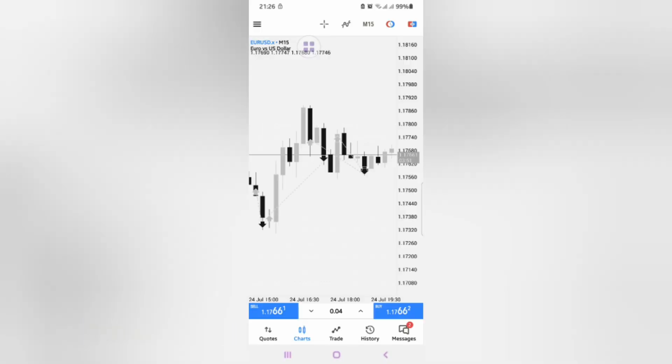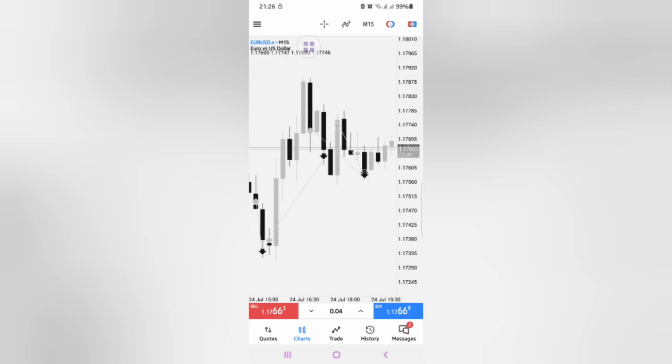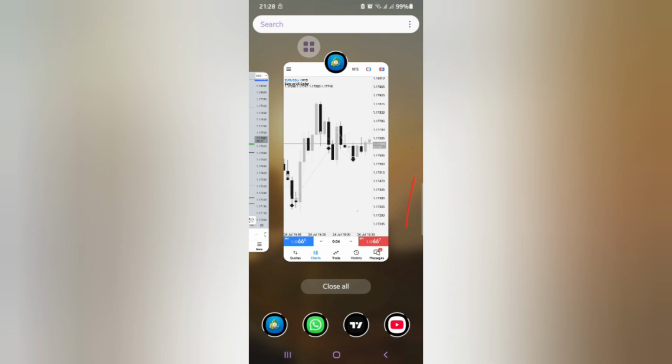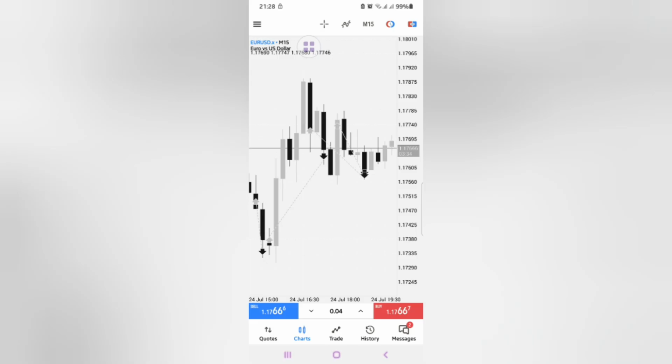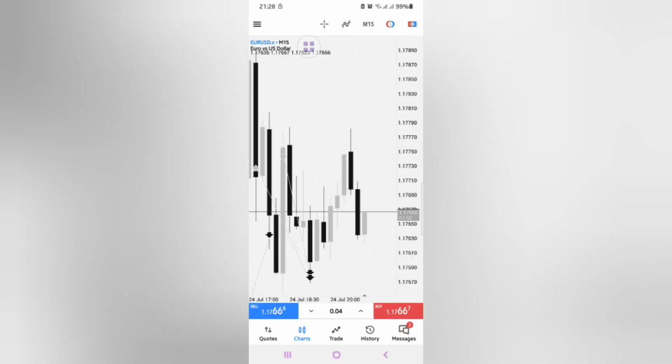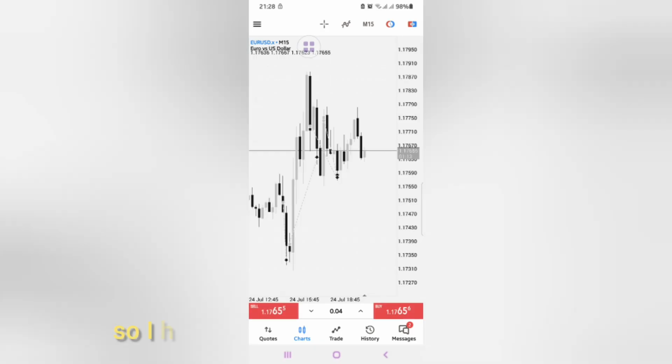Then you can see I had a trade from here to here, then another one, it was from this point, then another one.